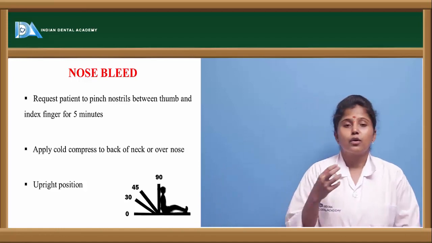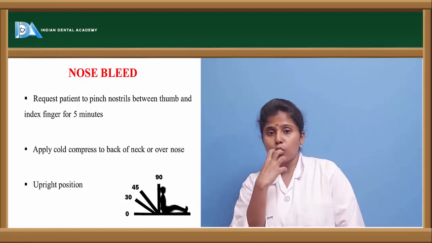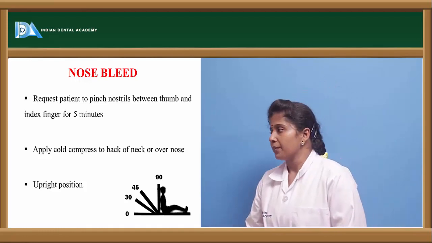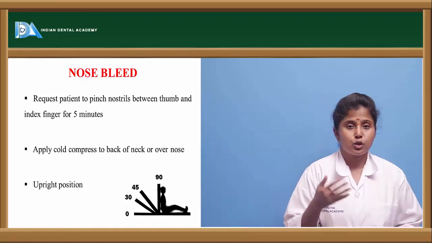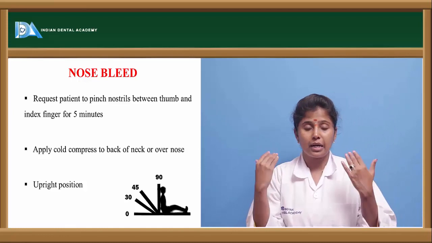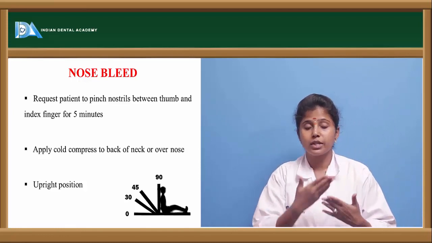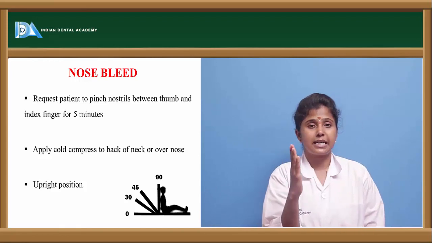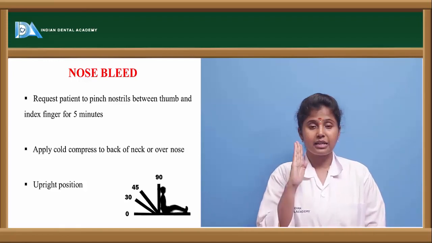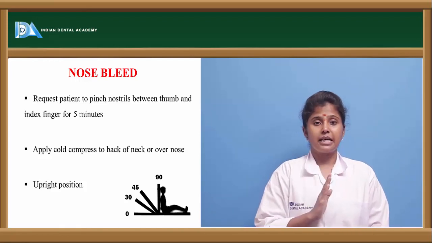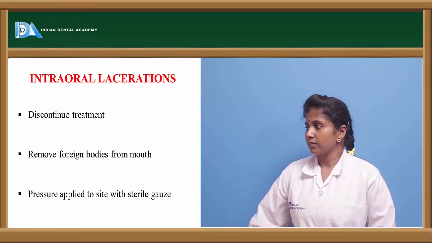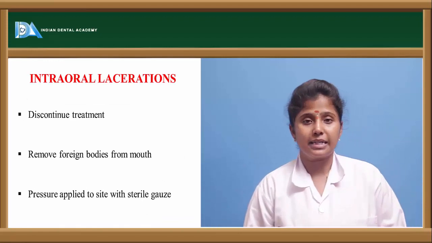If not, we need to put some cold ice or cold substance in order to reduce the blood flow, and apply some cold pressure around his neck and around the nose in order to stop bleeding. We have to put the patient in a 90 degrees angle. If a person is bleeding, then the person should be sitting at a 90 degrees angle in order to prevent the blood flow.